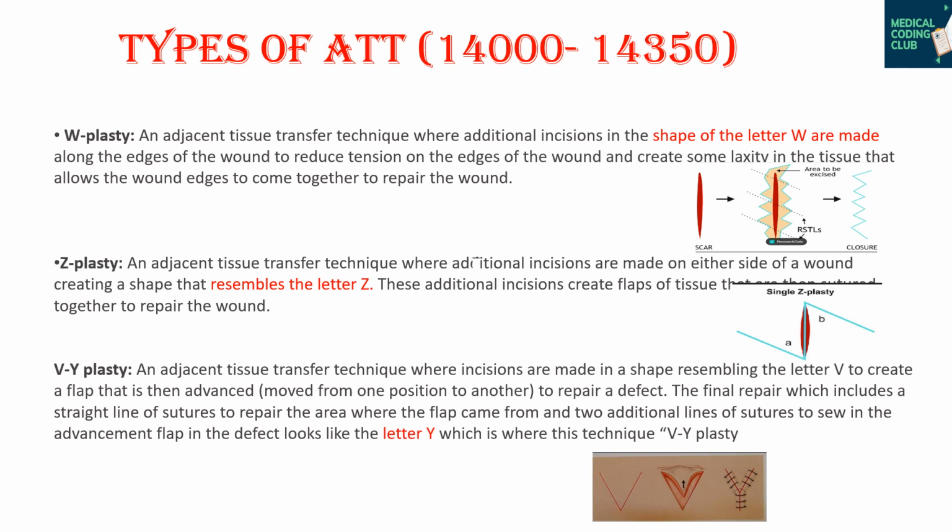Next will be types of ATT. There are many types. The important types are W-plasty, an adjacent tissue transfer technique where additional incisions in the shape of the letter W are made. The suture will be done in the shape of W, and the procedure will be done in the manner of W, so it is called W-plasty. Z-plasty resembles the letter Z. You can see the image.